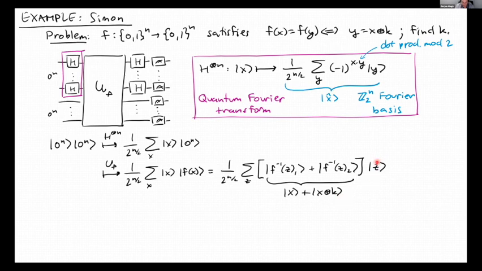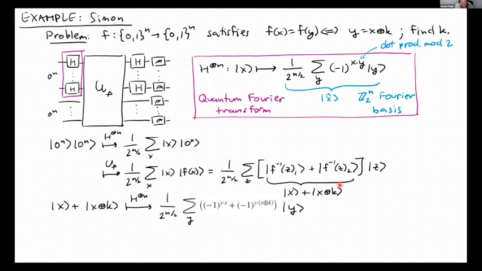If you look at the circuit, I'm going to measure this thing, and ignore that for the moment, and let's look at what happens when I Fourier transform a state like this and then measure that. So take a state like that. I'm doing this part of the circuit now.